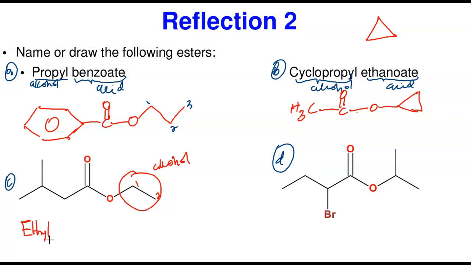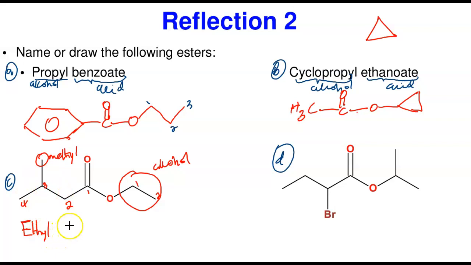Ethyl. And then this part, I'm going to count it. The part that is contributed by acid, of course, the carbonate carbon is carbon number 1. This is 2. This is 3. This is 4. So if it is 4, assuming you want to name the acid that has 4 carbon, it's going to be butanoic acid. So that's exactly what they're doing, butanoic acid. And if it has an attachment in carbon number 3, this is methyl group, remember. So you're just going to say 3-methyl butanoic acid. But this is not an acid. You have to remove that IC and put ATE. So we're going to say this attachment is carbon number 3. So don't put dash.